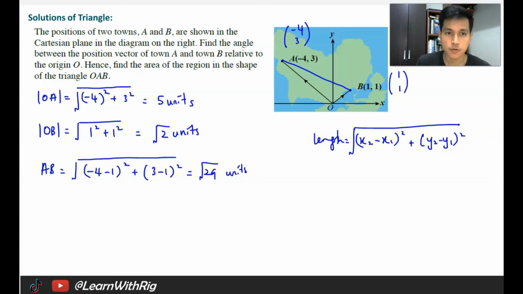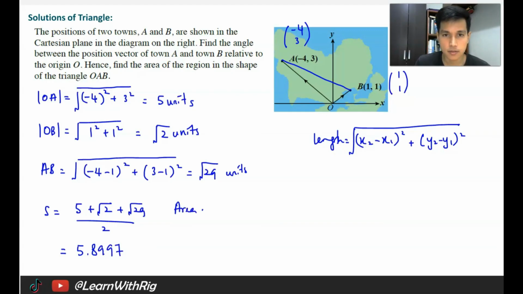Okay, now you can use your Heron's formula. So first find S value. S value equals 5 plus √2 plus √29 divided by 2. Answer is 5.8997. Okay, then you can find your area of OAB. I'm not going to write all the values because it's too long.